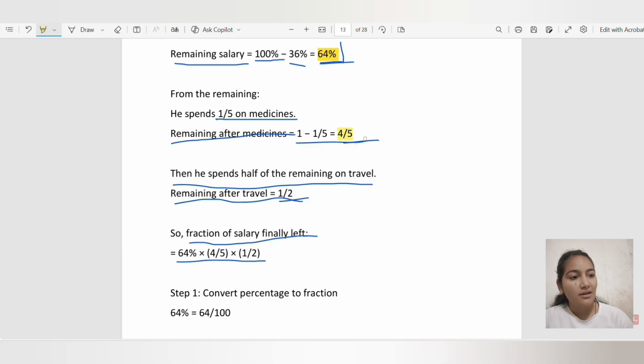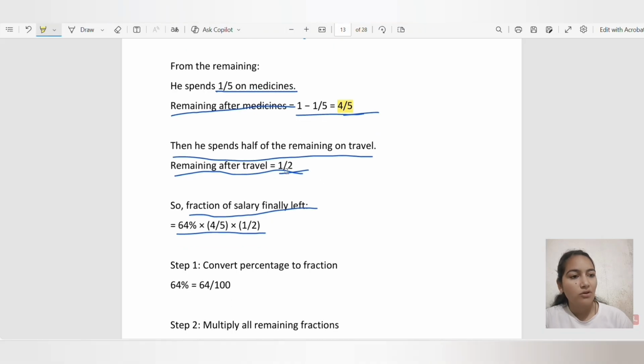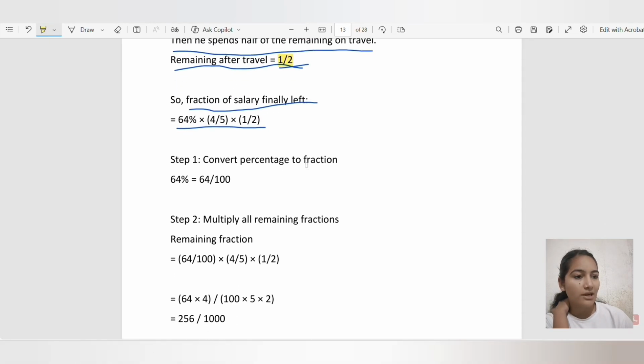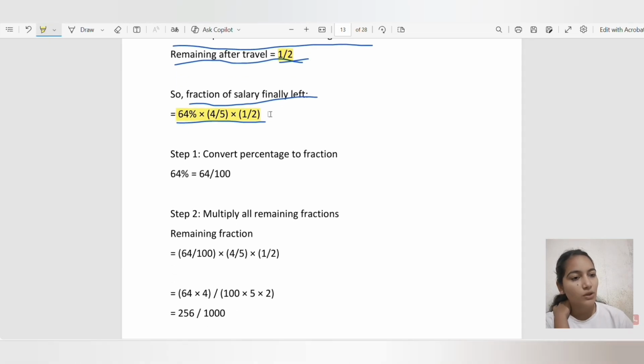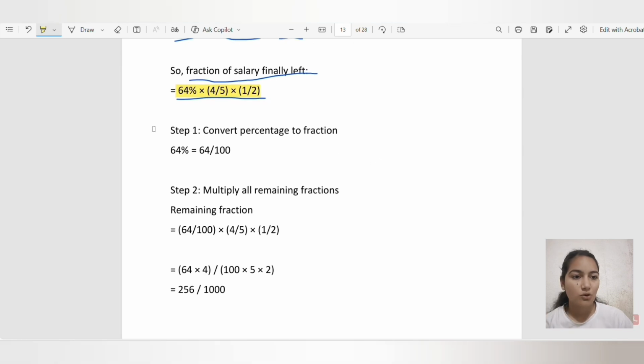And in this also he has spent half on travel, so we were left with half. That's why we have multiplied all these values. Now 64 is a percentage, so we have to convert it into a fraction. 64% you can simply write as 64 divided by 100.